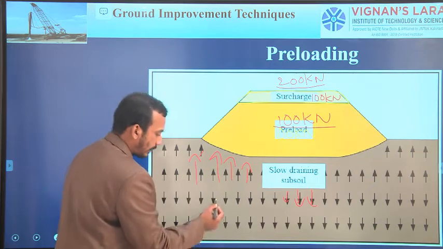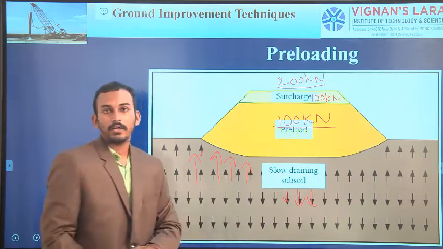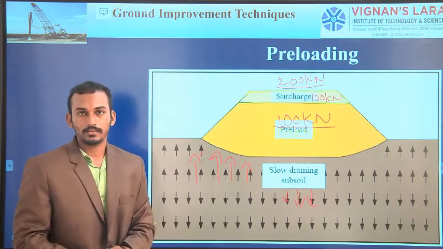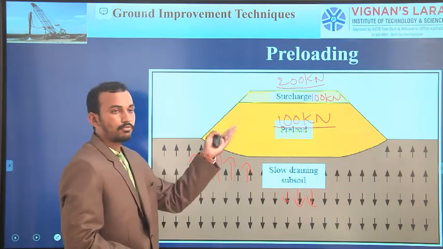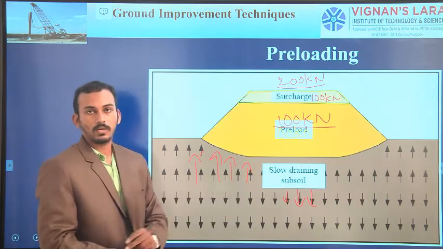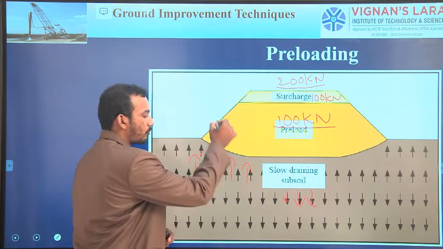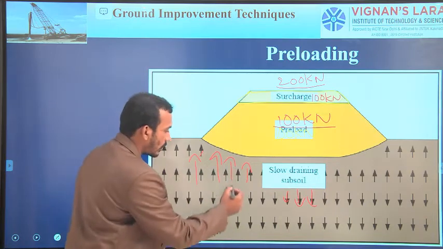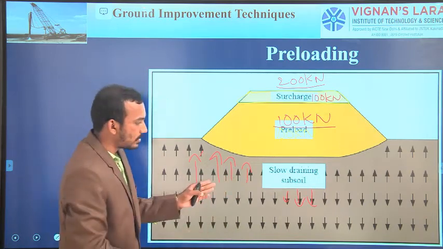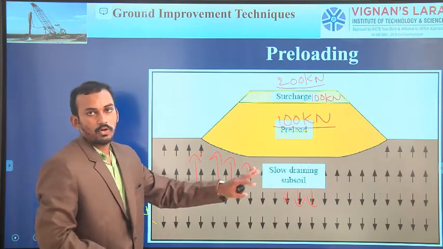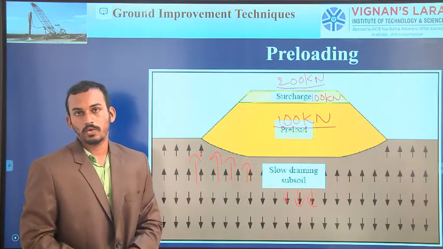The downward movement is the movement of solid particles. The upward movement is the movement of water. The upward movement of water through the soil is known as pore water pressure. If the water passes in an upward direction between the voids of soil, then it is known as pore water pressure. This method is suitable only for cohesive soils. Why?